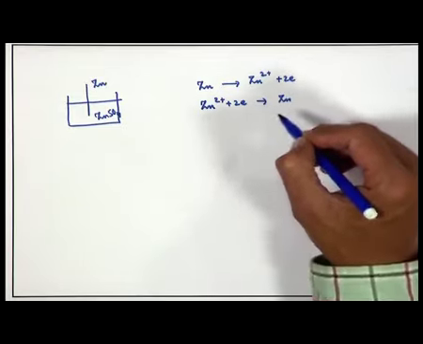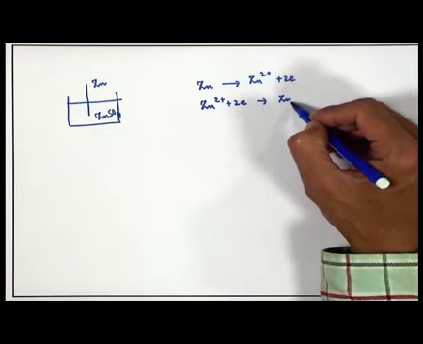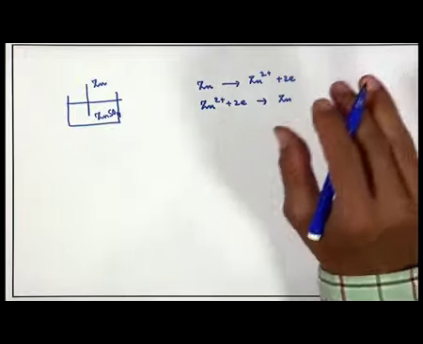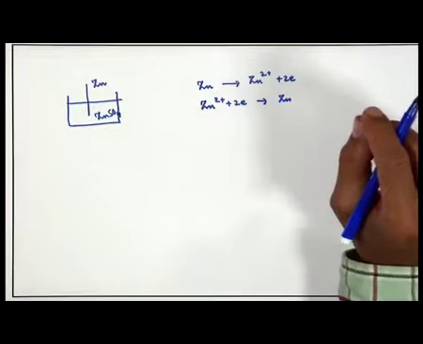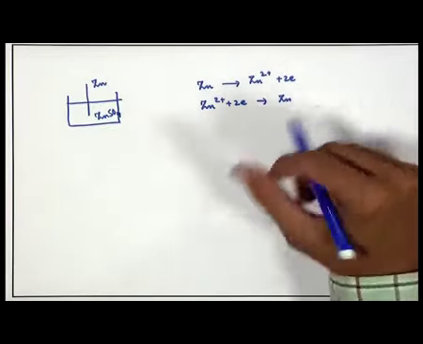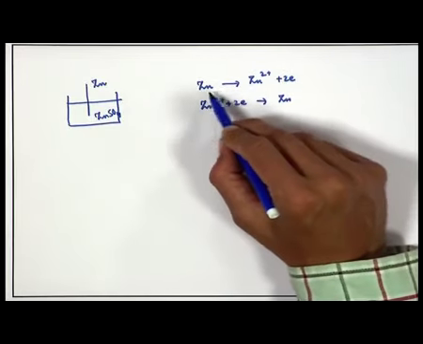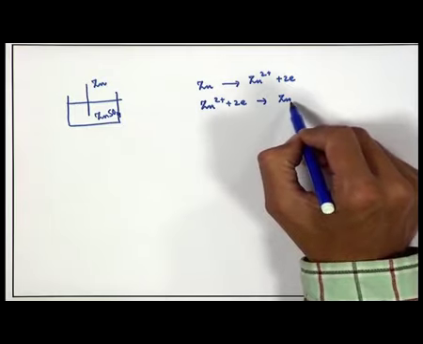The corresponding potential you express is called the oxidation potential, and this is called the reduction potential. Oxidation and reduction potential are related to each other by a negative sign. If oxidation potential is x, then reduction potential will be minus x.